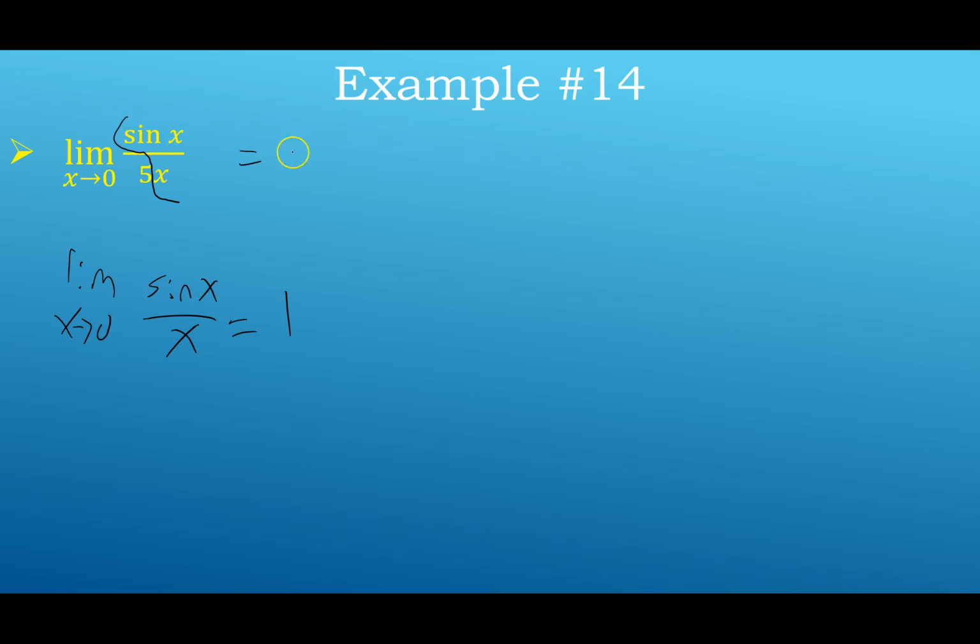So I can really separate this as 5 times the limit as x approaches 0 of sine of x over x. Well, this right here is 1. We get 5 times 1, which is 5. And that's how we're going to use these special trig limits. We're going to see where they appear in the problem and separate them out so that it can work out exactly like that.